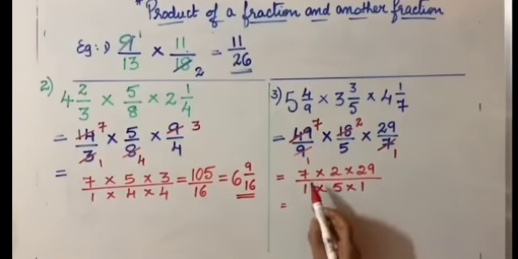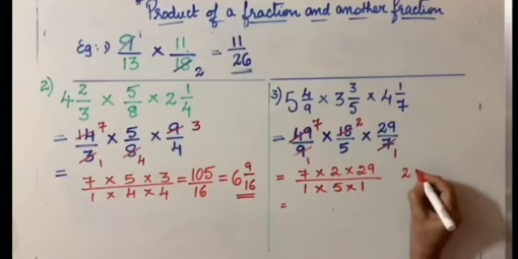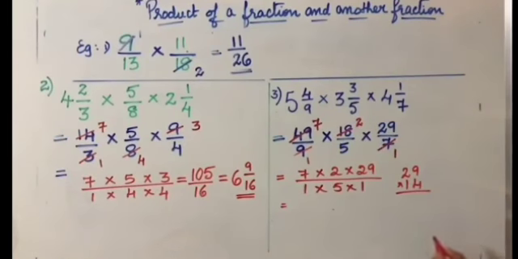So, what is 7 into 2? 14. Then 29 into 14, you want to check? 29 into 14 is 406.